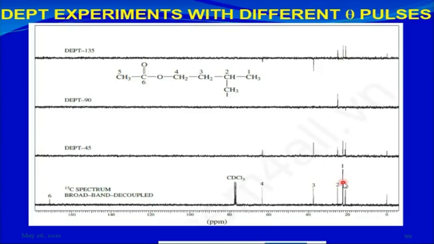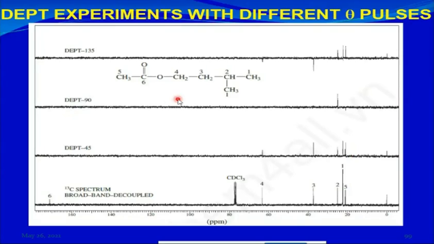You can see in the broadband that it is almost twice the intensity of 5, but in DEPT 135 they appear with almost the same intensity, and the same goes for DEPT 135. So you should not be very serious about intensities in a carbon-13 spectrum, but you can take them seriously in proton NMR spectroscopy. All right. So this is how you can read and interpret DEPT 135.